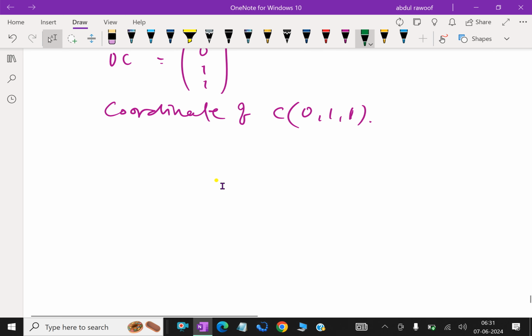Look at here. Vector OD is equal to OA plus AD.